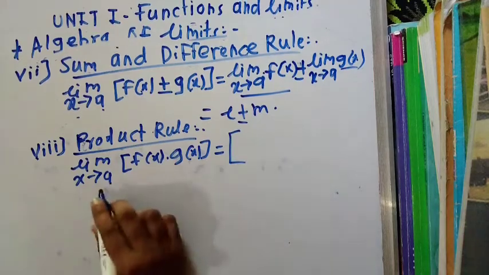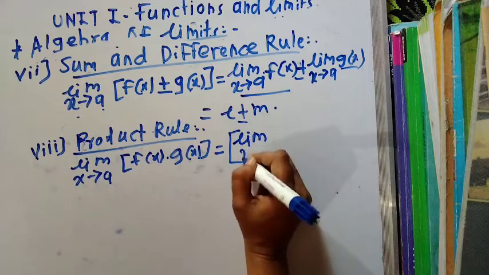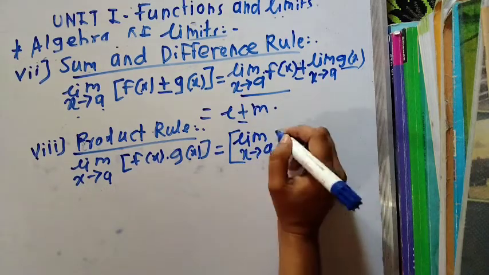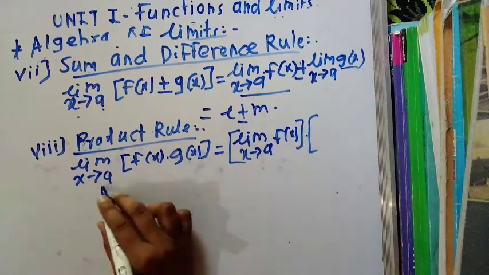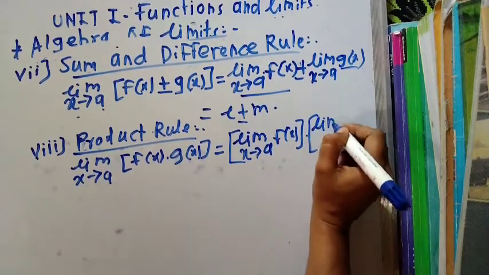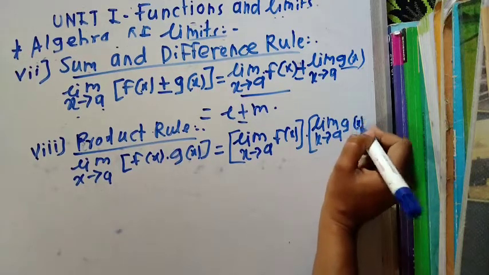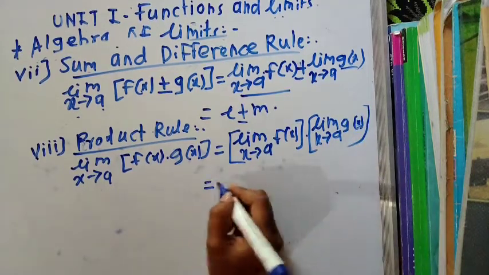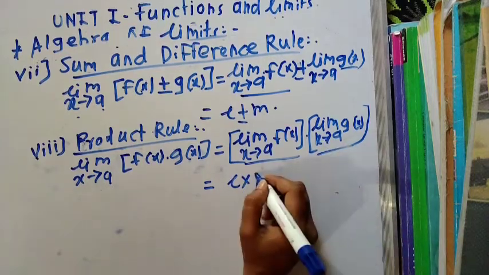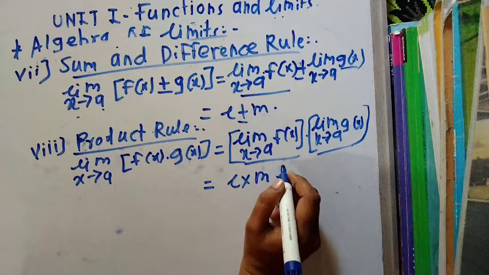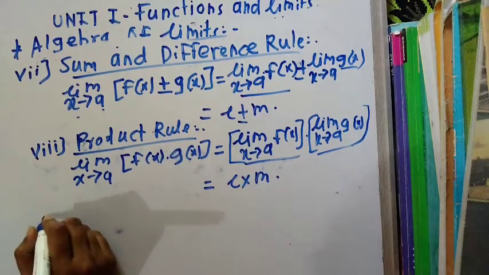Now write the limits separately: limit x tends to a f of x into limit x tends to a g of x. But this is L and this value is m, so L into m. This is the product rule.